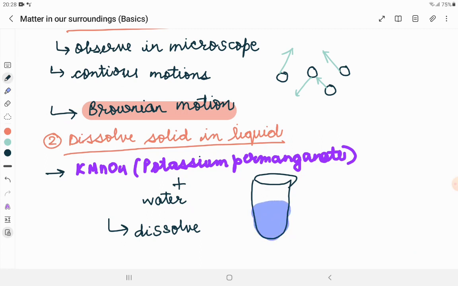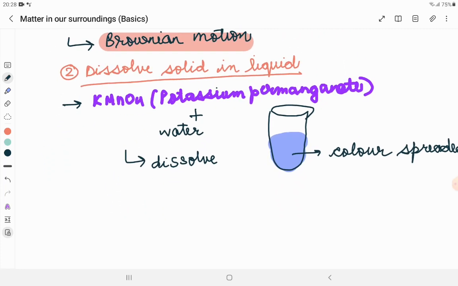So we can say that the potassium permanganate color has spread. This means that the potassium permanganate crystals occupied the whole solution, and the whole thing became colored.